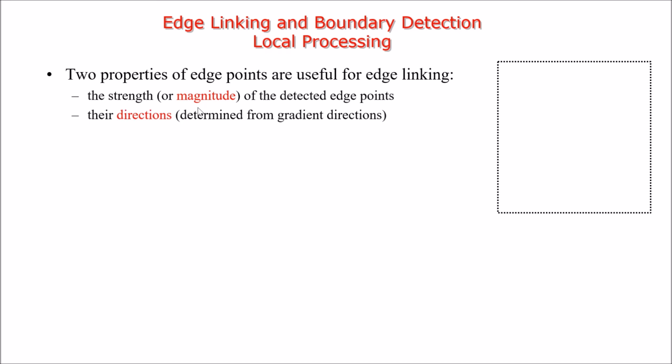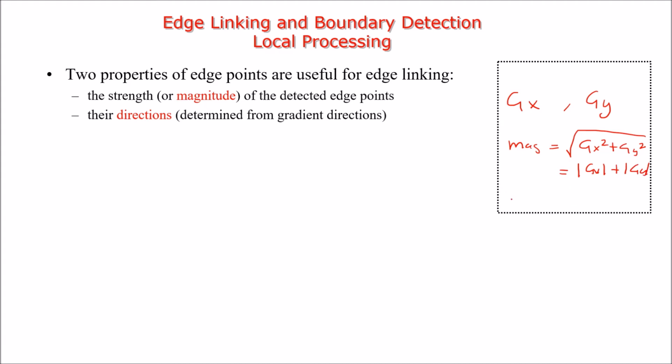direction. So let's say in the first derivative operation, we calculate the gx and then we calculate the gy. The magnitude can be calculated easily by using the square root of gx squared plus gy squared, or you can simply use the absolute values of gx and gy.